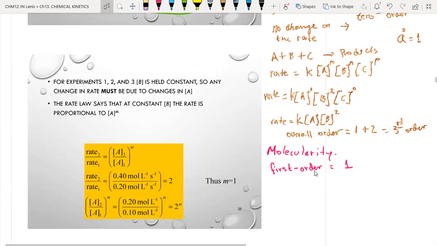So the order is giving you 2 pieces of information. 1, how the concentration of reactive A affects the speed. So you say it's first order, therefore that means when you double concentration of A, speed doubles too. That's the first meaning. And the second meaning is the molecularity.